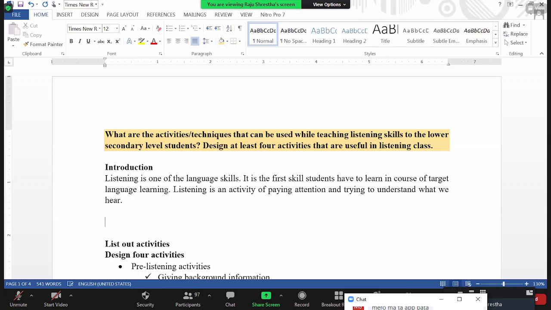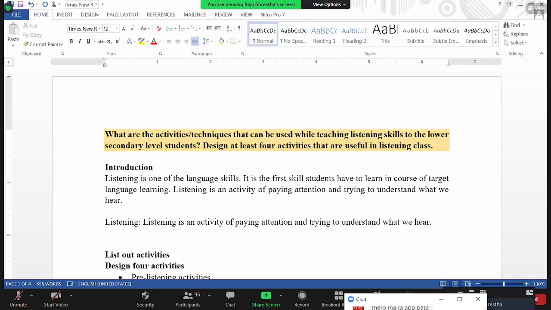Like if it is from listening, you can write listening is an activity of paying attention and trying to understand what we hear. If it is from speaking, simply you can write speaking is the ability to speech using language.